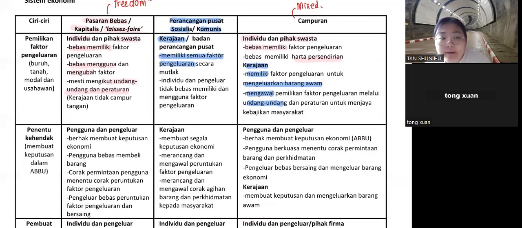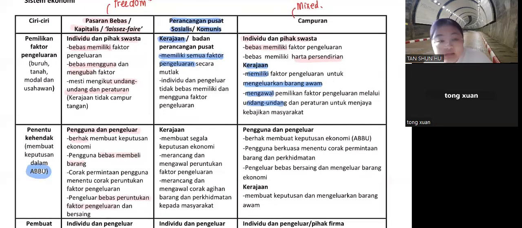Then who can menentu kehendak? Who can solve the questions? In the freedom one, of course, freedom mah. Who does the production? Pengeluar dan pengguna. Okay, berhak membuat keputusan. We bebas membeli. Okay, pengeluar bebas memperuntukkan faktor pengeluaran.